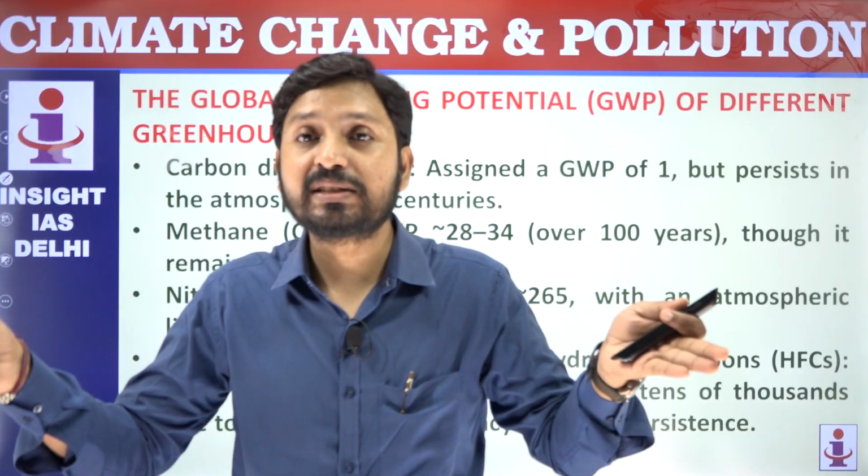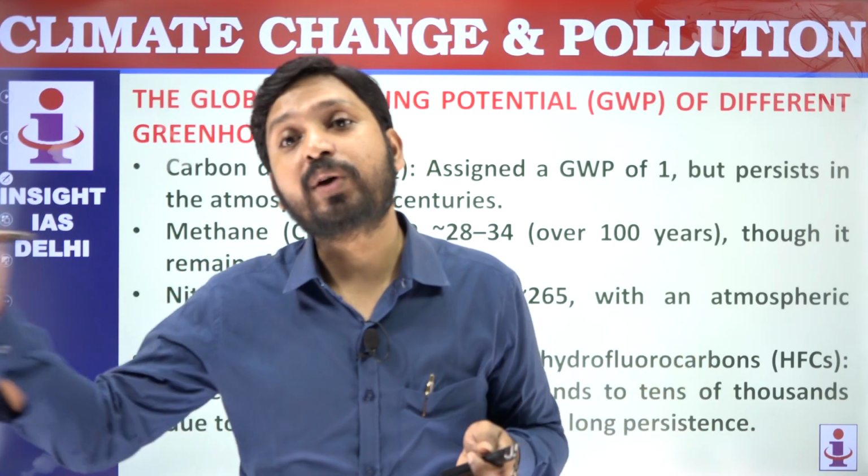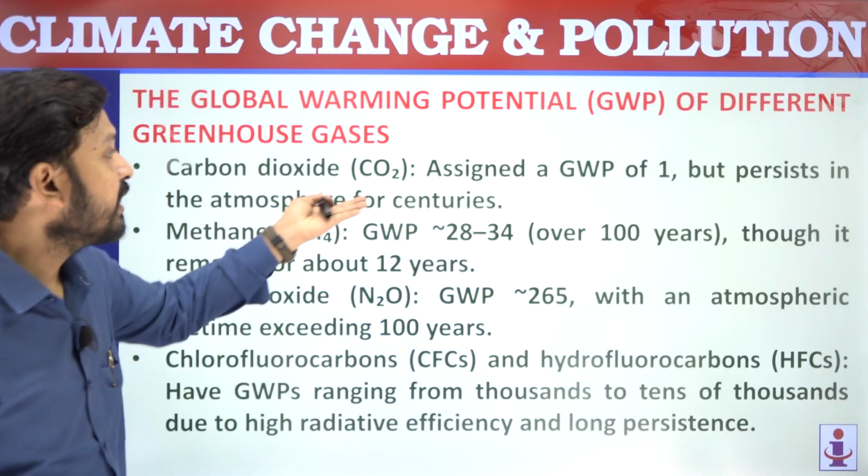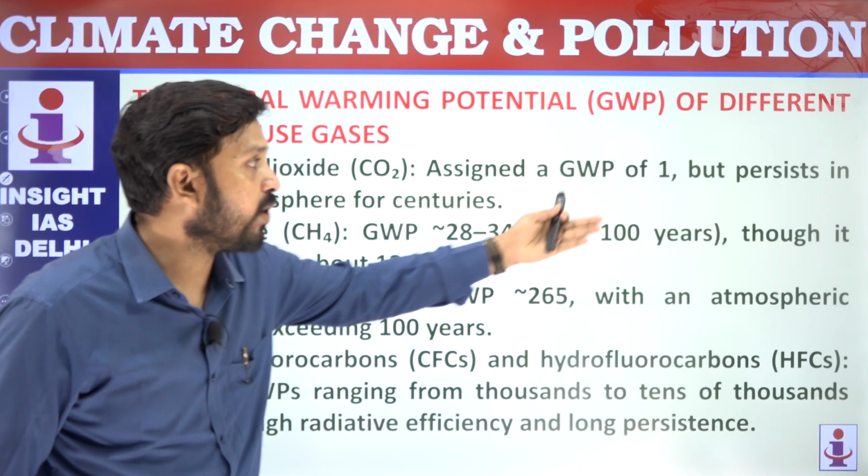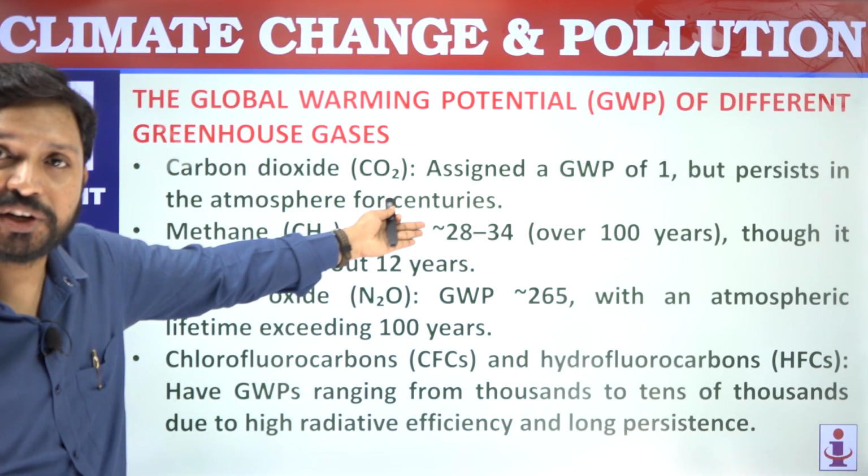So the longevity is very high, and also the concentration is very high compared to other greenhouse gases, okay? So let's read. Assigned a global warming potential of 1 but persists in the atmosphere for centuries, okay?